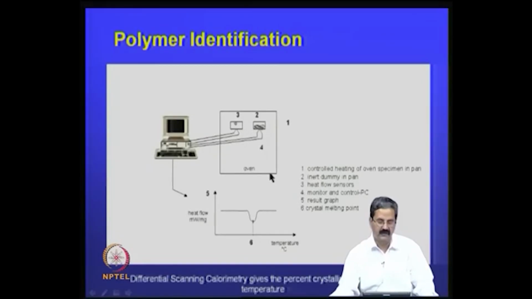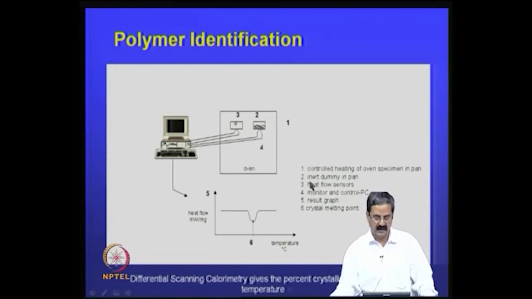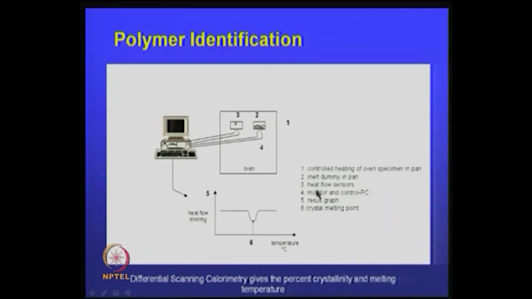In fact, if you want to identify the polymers, there is a test called differential scanning calorimetry, in which you have a sample and you have a controlled heating. Once you raise the temperature, the heat flow is monitored as a function of the temperature, and depending on the type of polymer, they give certain signatures.